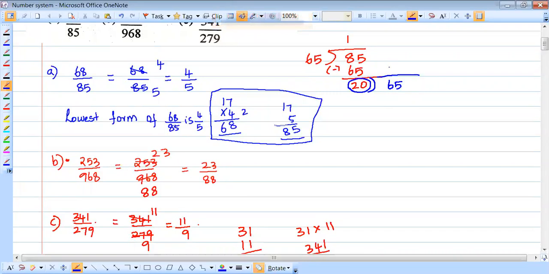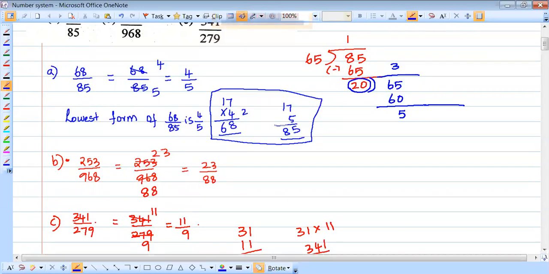Now how many times will it go? 3 times it will go. 3 20s are 60. So what is the remainder? We got 5.